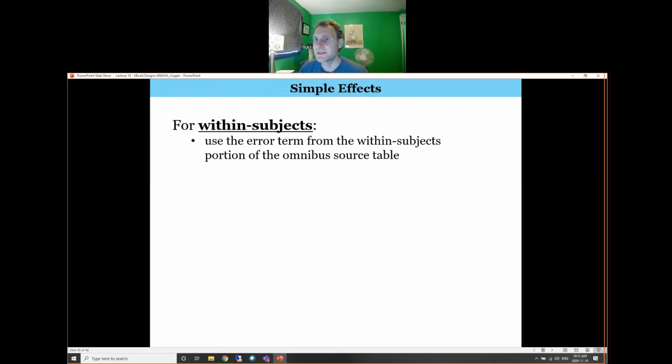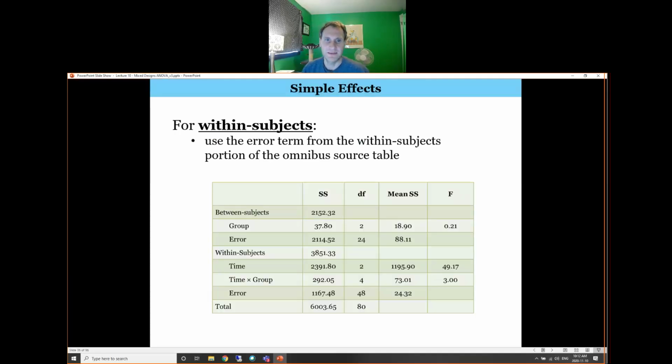The within subject simple effects for the mixed ANOVA are pretty easy because we can just use the error term from the omnibus table. We can use our mean squared error from the within subjects part of our omnibus source table as our estimate of population variance. And then we can just move on as normal.